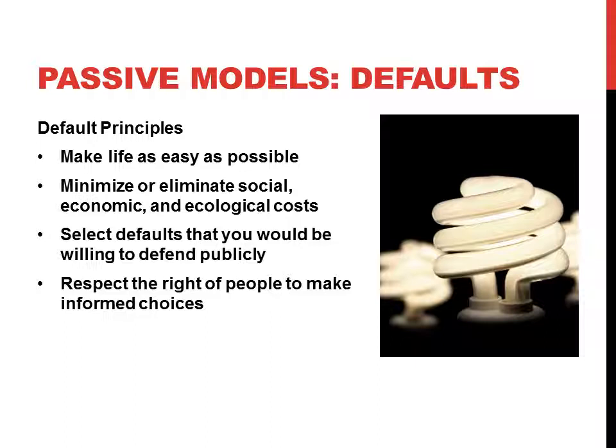This also then ties into the last principle, which is respect the right of people to make informed choices. And the way that we do that is we provide them with a non-coercive, non-manipulative set of alternatives that are supported by relevant data and information, and make that data and information accessible.